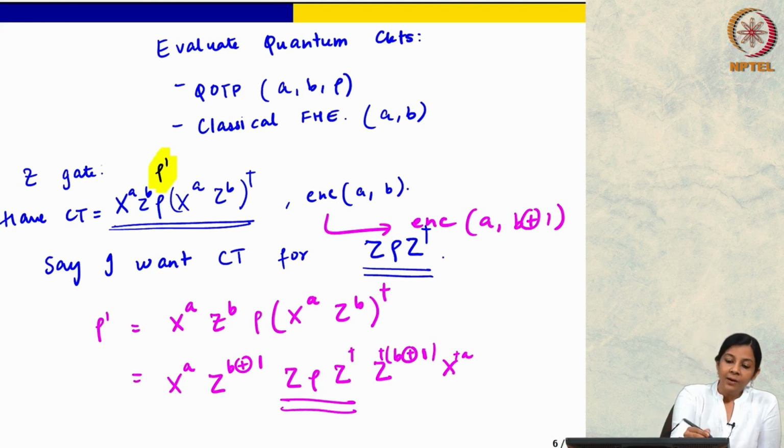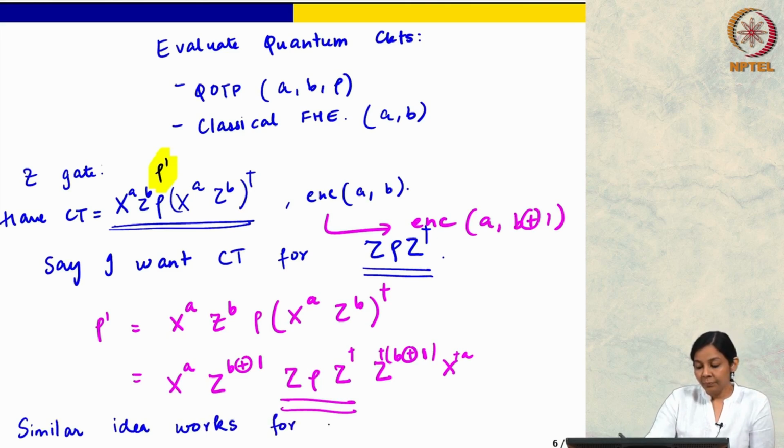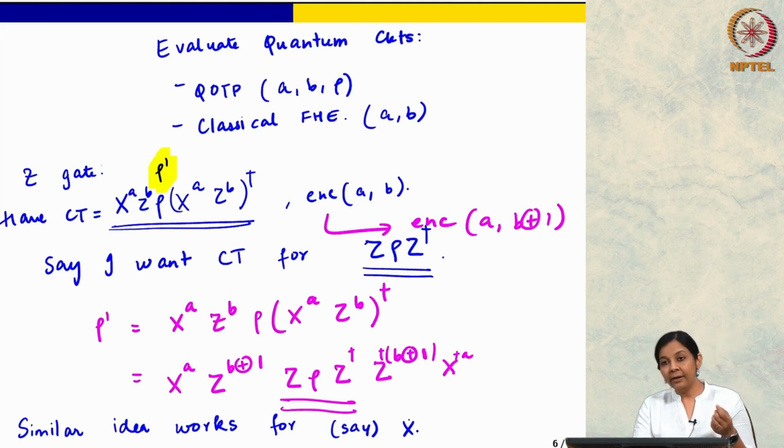And it turns out that a similar idea works for other Pauli gates, for instance for X. This is because these Pauli operators anti-commute.